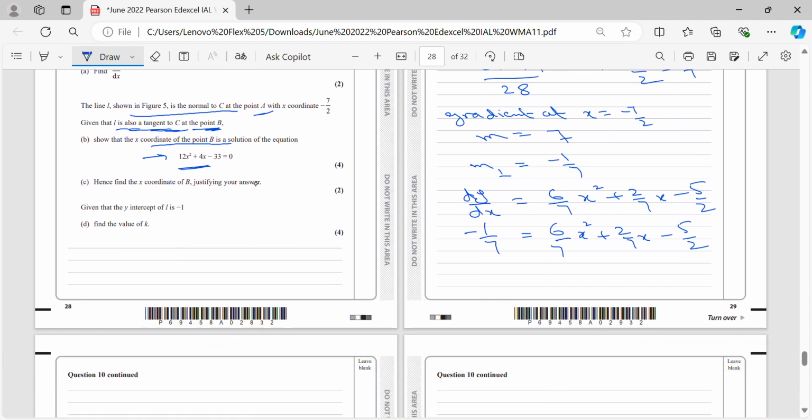Okay, let's solve it, because here is 2, here is 7. Make equivalent fractions. Wait a moment, because the LCM here is 14.